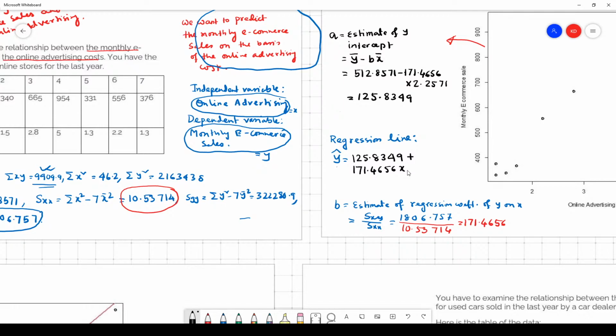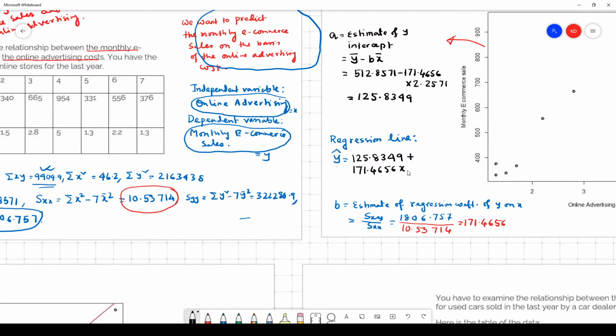Shayak, Sxy is not equal to the covariance of xy. Sxy divided by n is equal to the covariance of xy. If you look at the formula of the correlation coefficient, please listen carefully, r is equal to the covariance of xy by root over variance of x into variance of y, which is equal to Sxy by n.